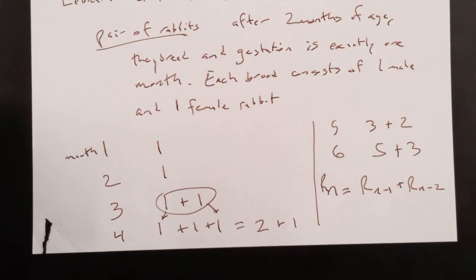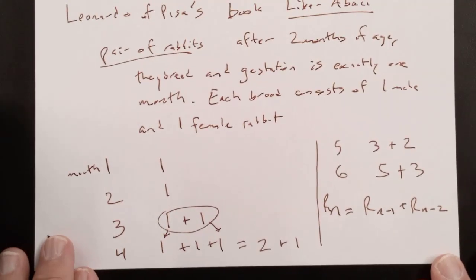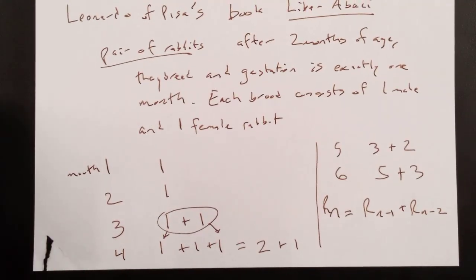Now, you may not recognize Leonardo of Pisa's name or the book Liber Abaci. But will it help if I tell you his father's name? Leonardo's father's name was Bonaccio. Leonardo, son of Bonaccio in Italy. What's son in Italian?